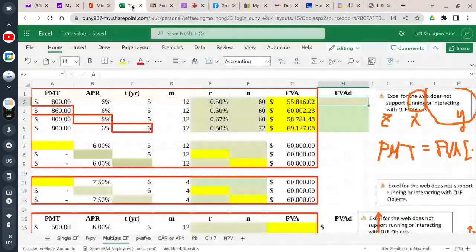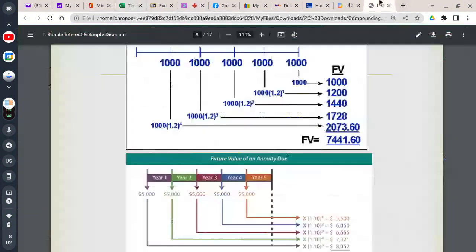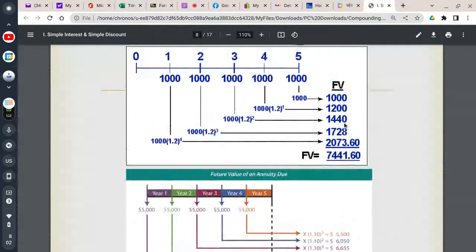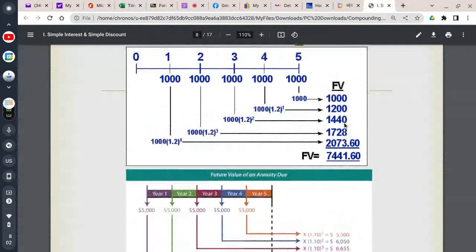So okay, back there. My question was, what's the difference between the ordinary annuity and annuity due? I already said that. When I ask this question, there is always someone in every class who says, "Oh, ordinary annuity is starting from the end of the first period.